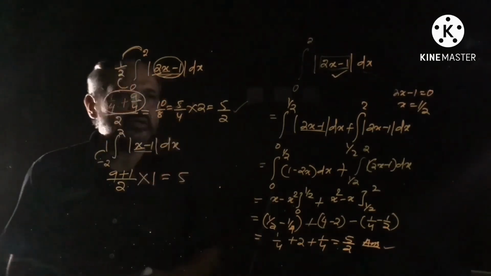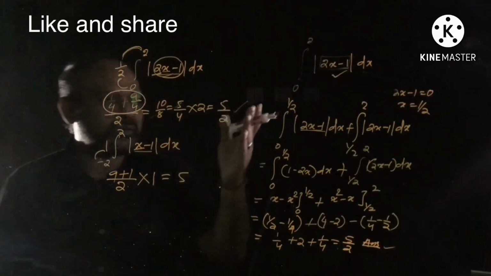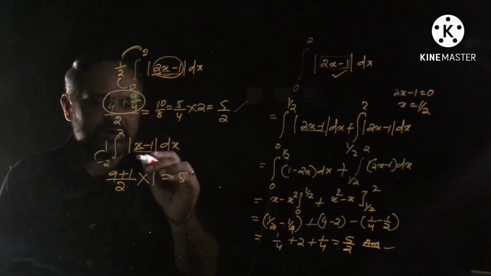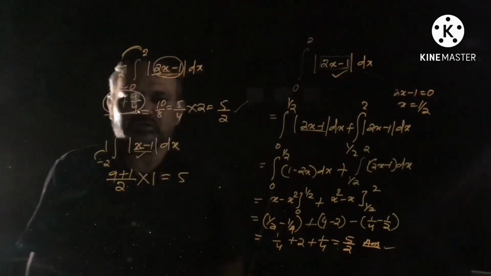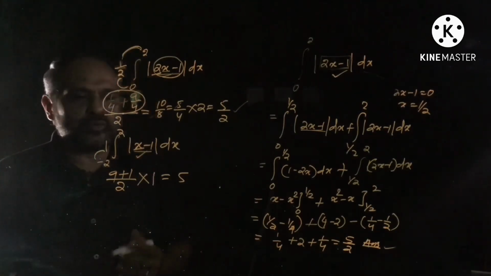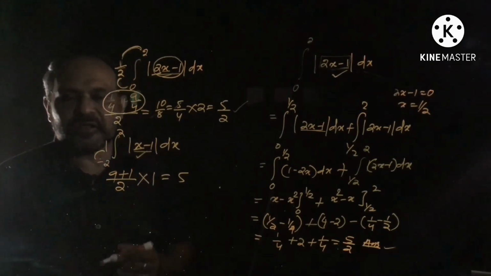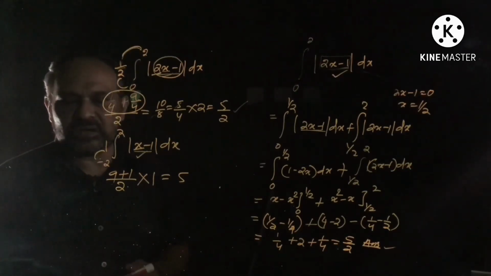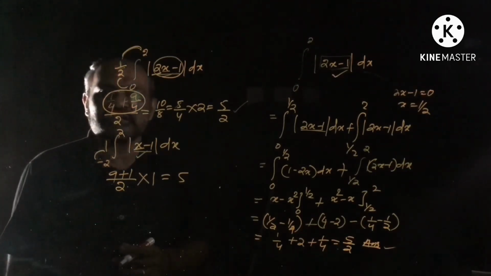In the first problem, by using the method of integration, we also know that the answer of this question is 5. So this is the process how we directly, without integrating, evaluate the integration of a modulus function where the function is linear.